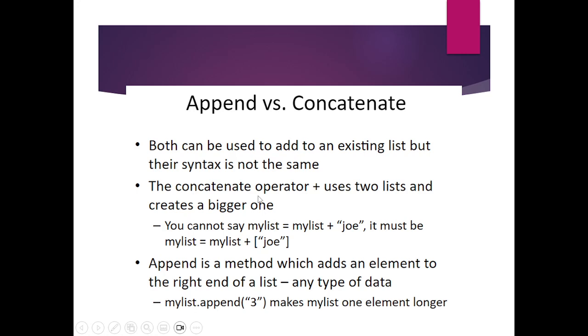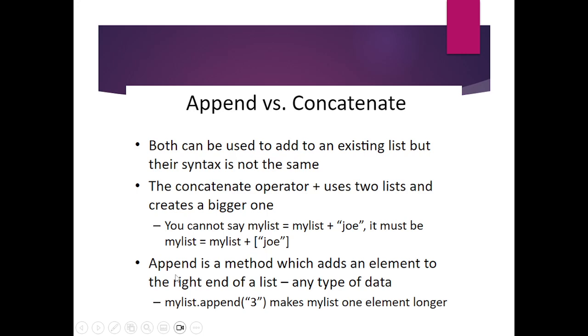The concatenate operator, the plus sign or addition sign, uses two lists and creates a bigger one. You cannot say my list equals my list plus Joe. It must be my list equals my list plus [Joe]. This is the example for our concatenation operator.